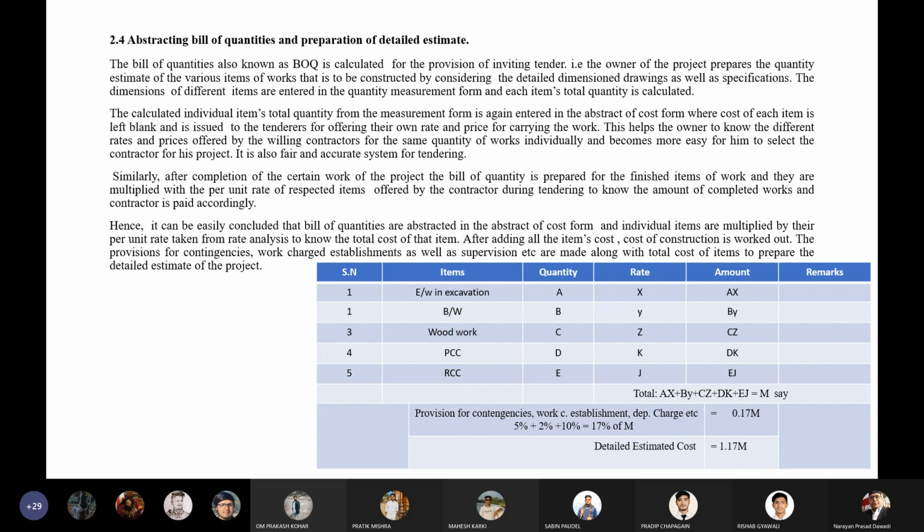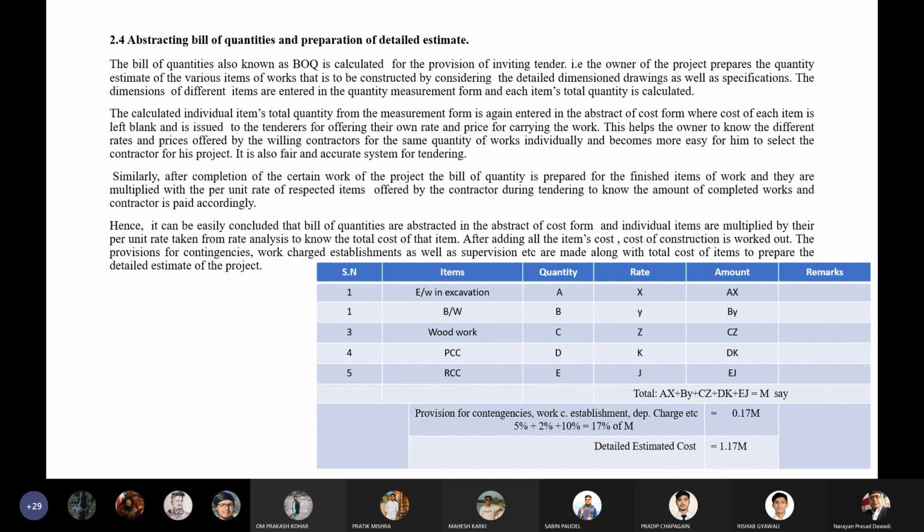That is, the bill of quantities is the abstract of the total quantity of individual items which are to be constructed in the project. With the help of the bill of quantity, each and every item's total cost is calculated by multiplying that quantity by the unit rates. Those unit rates may be offered by the individual contractor. Their rates may be different.